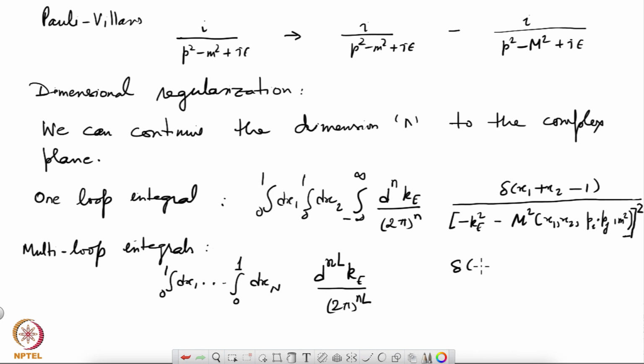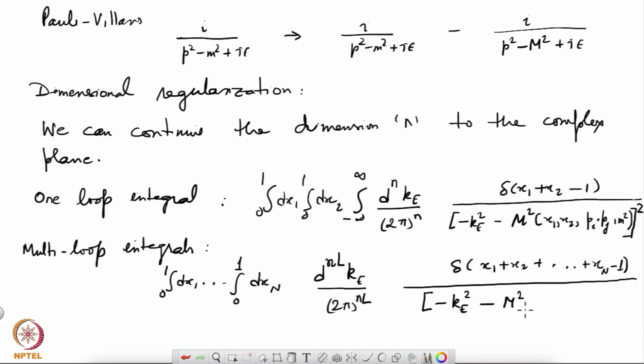And here I have omitted many other constants because I want to focus only on the relevant integral. This m square also depends on all these parameters. Let me write xi, pi dot pj, m square, or let's say I allow for different masses, so I write mi square.